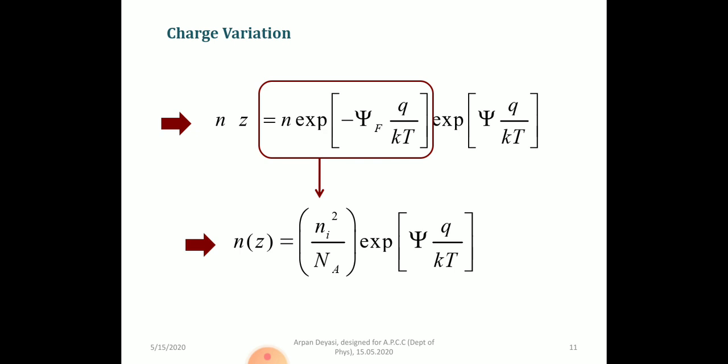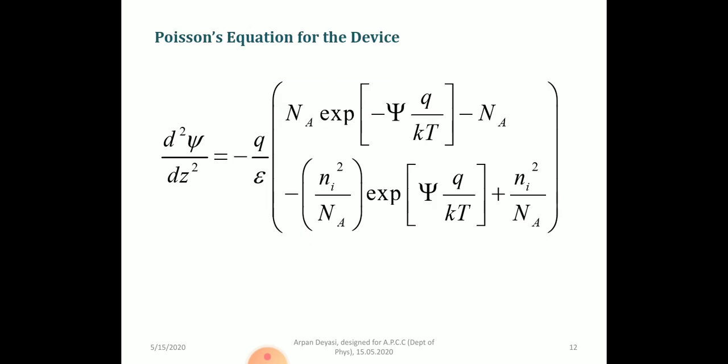Now that you know the charge variation, substitute all the values in your Poisson's equation. So d2 psi by dz2 equals minus q by epsilon, that's the normal factor, I am not going into that.